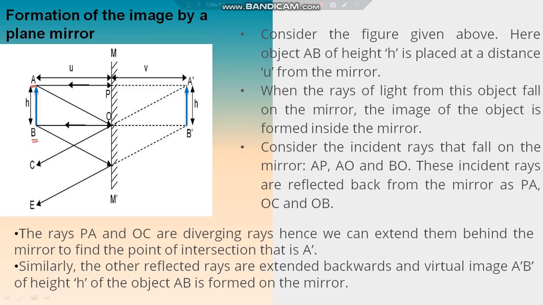The rays PA and OC are diverging, hence we can extend them behind the mirror to find the point of intersection, A. Similarly, the other reflected rays are extended backward and a virtual image AB is formed. This is how the image is formed by a plane mirror.